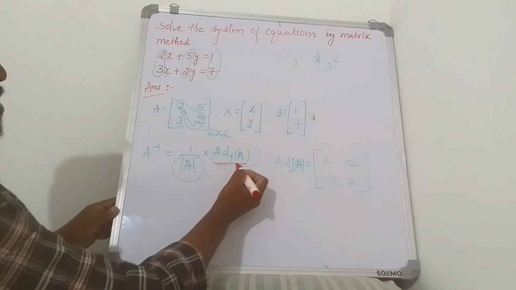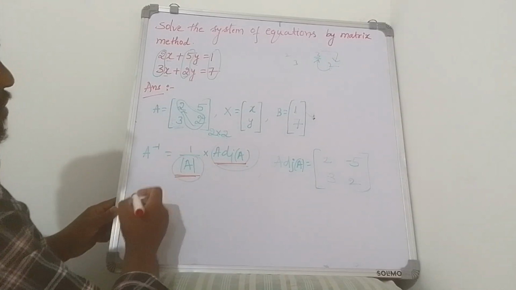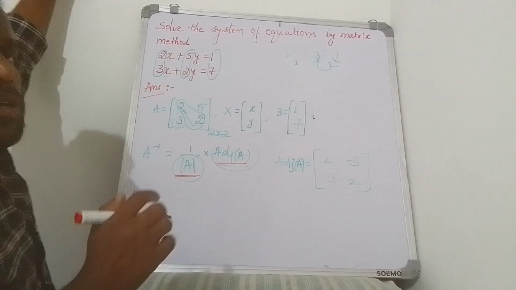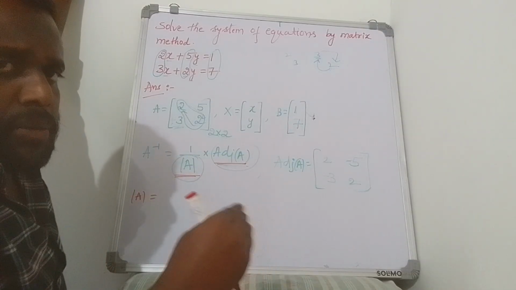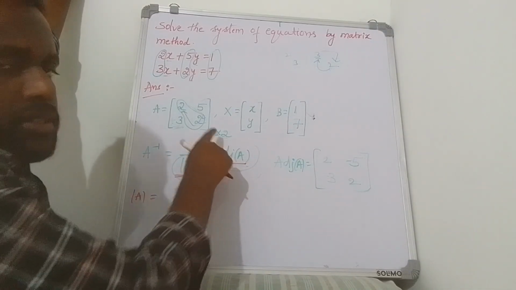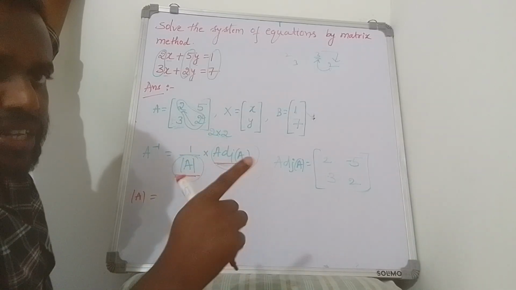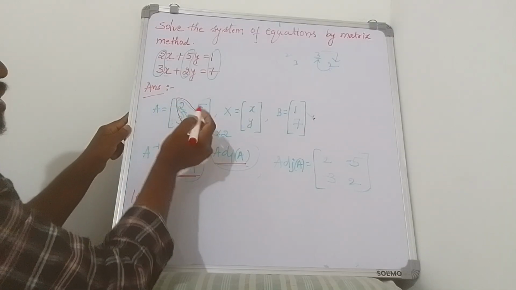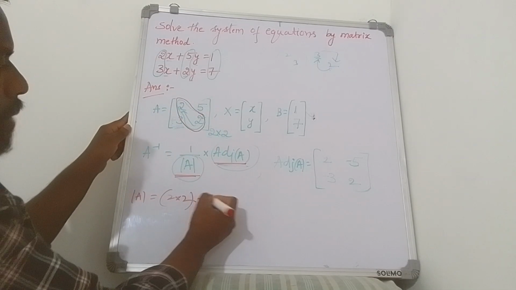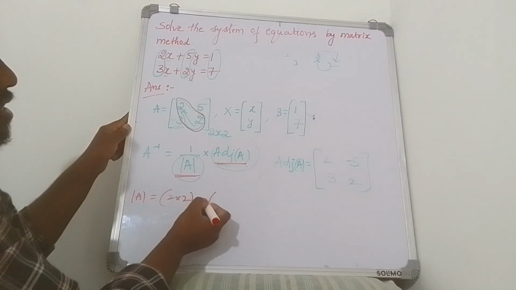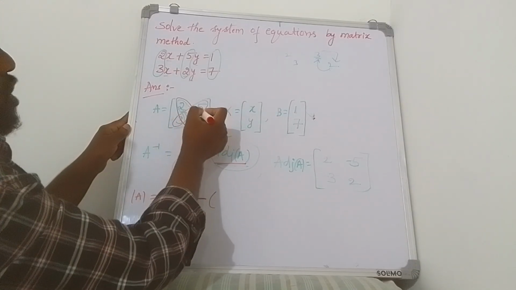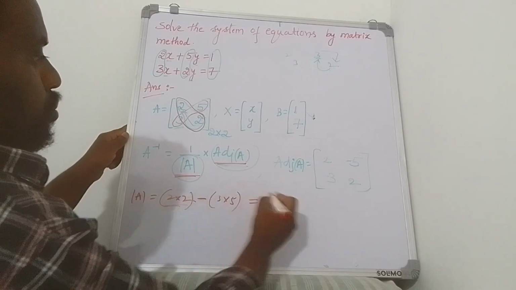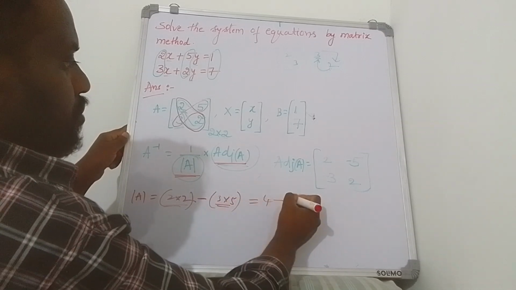Next, determinant of A. For a 3 cross 3 matrix, finding the determinant is somewhat lengthy, but this is a 2 cross 2 matrix, so finding the determinant is very simple. You have to multiply these two diagonal elements first, 2 into 2, put minus, put bracket, this minus is fixed. Next multiply these two, 3 into 5. 2 into 2 is 4, minus 3 into 5, 15.